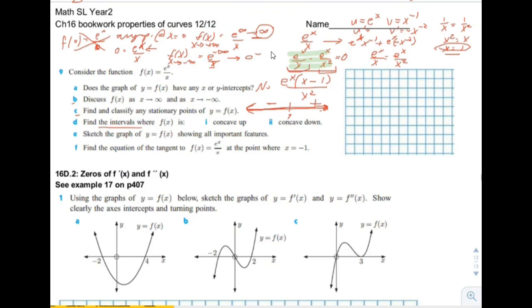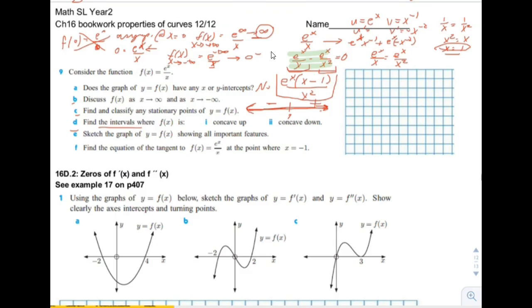D. Find the intervals where f of x is concave up and concave down. Here we need to take the second derivative.